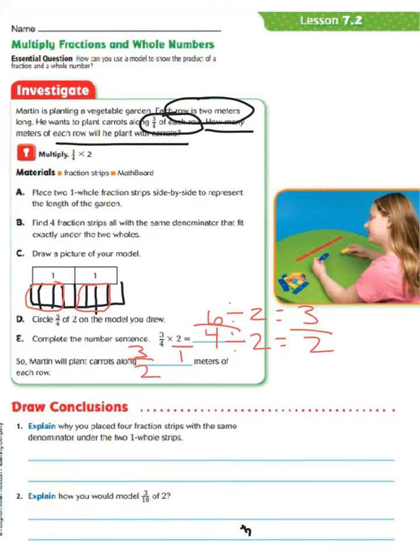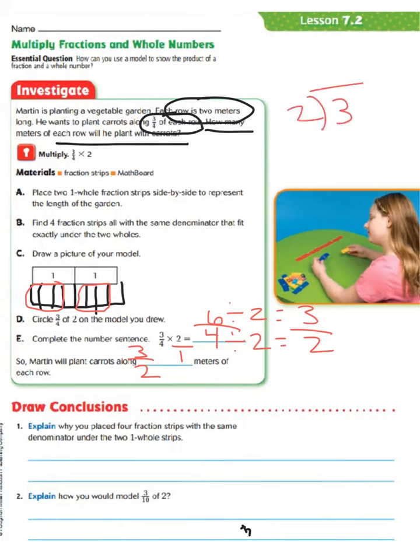meters of each row. Now, we also know that since the numerator is bigger than the denominator, we have a fraction greater than 1. Anytime we have a fraction greater than 1, we can turn that into a mixed number by dividing the numerator by the denominator. So we can do 3 divided by 2.